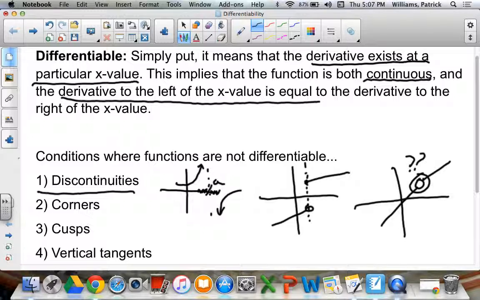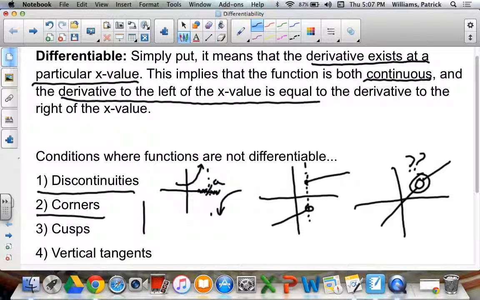So anytime you see a discontinuity, you immediately know a function is not differentiable. So that's kind of like a situation where if a function is not continuous, it means that it's not differentiable. But if a function is not differentiable, that doesn't automatically imply that the function is not continuous. And there's a couple examples of that. The first one is corners.